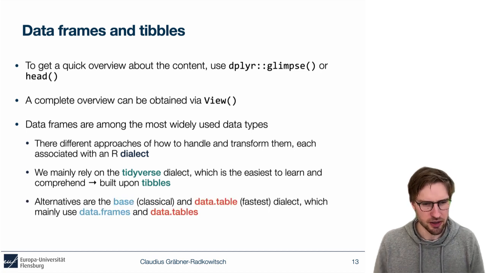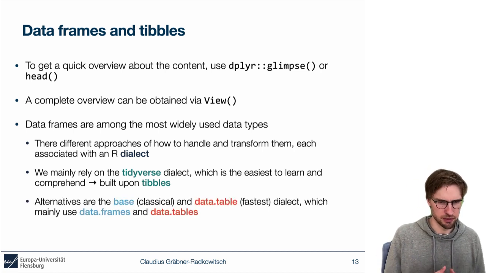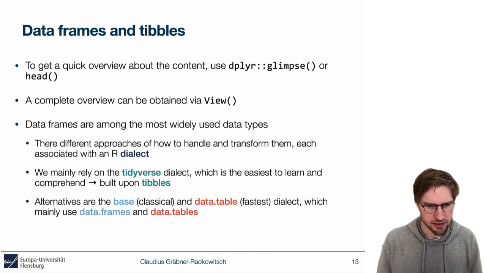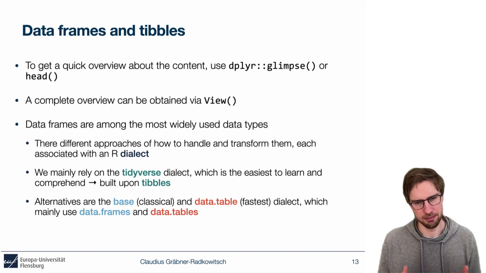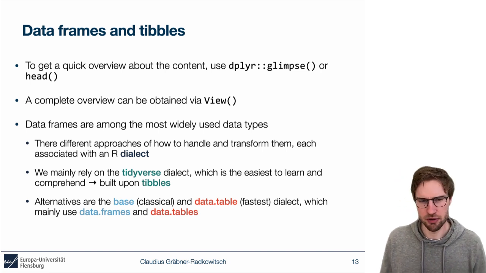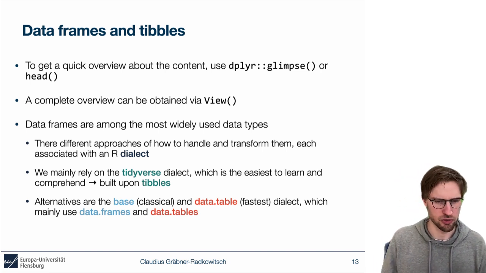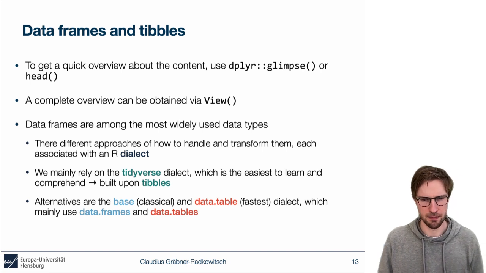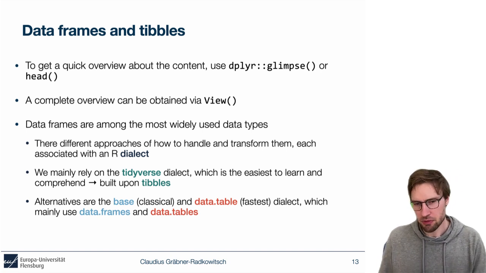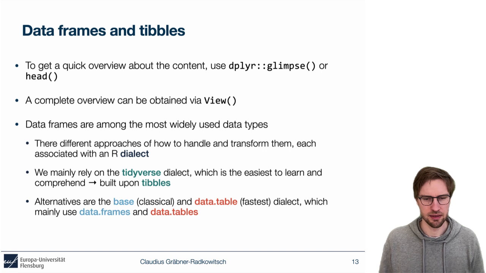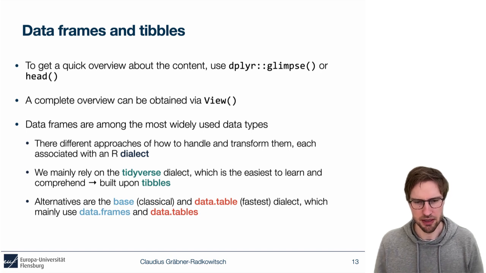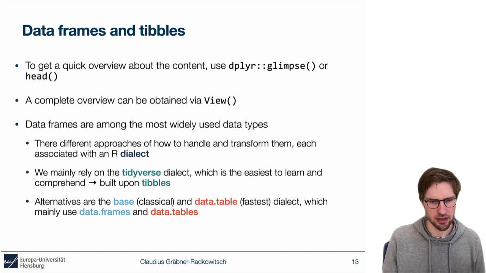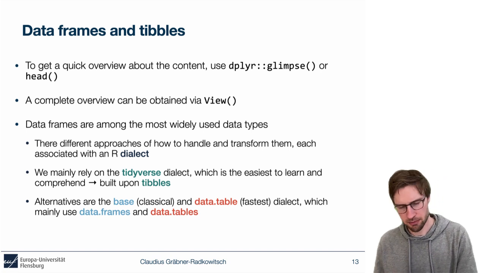And alternatives are, on the one hand, the base dialect, or the classical approach of handling data frames. And people who follow this base dialect, they don't transform data frames after all. They usually work with data frames directly. Another very prominent alternative is the data table dialect. Here, people take the data frames and transform them into data tables.